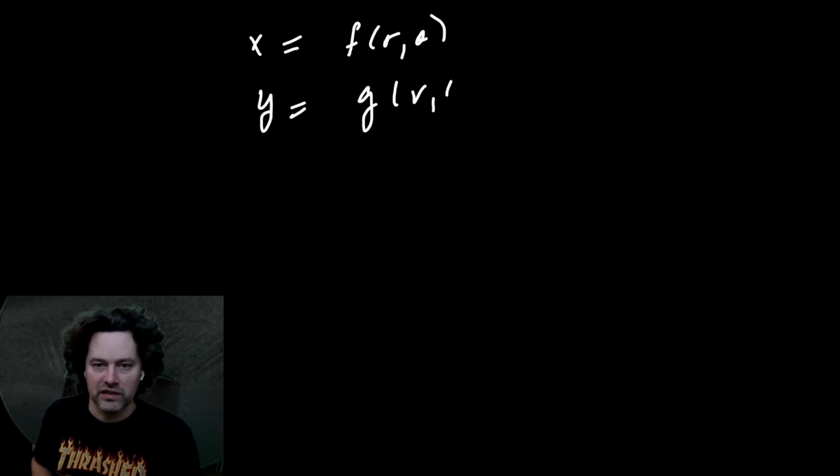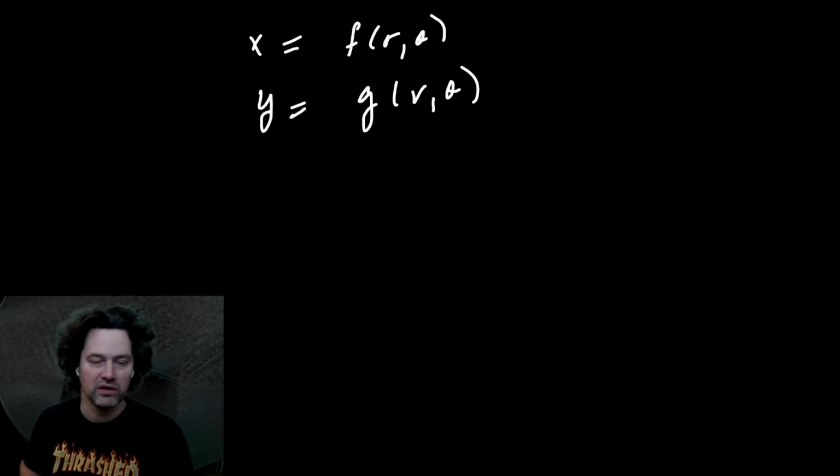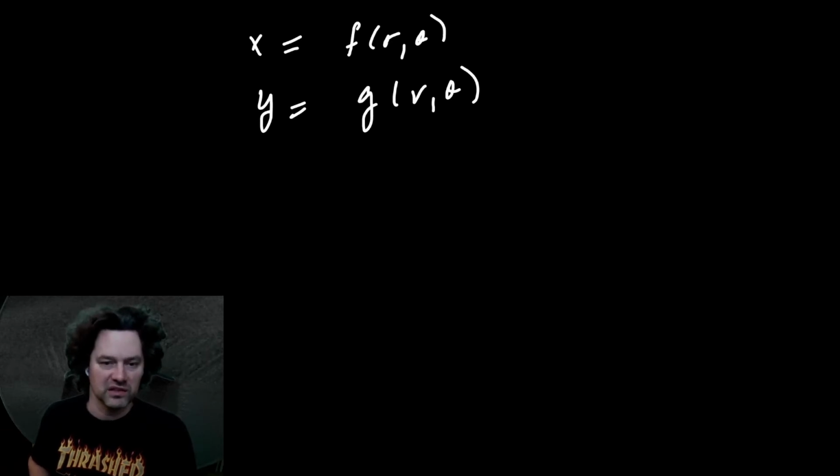We could have considerably more complex parameterizations. Imagine we have x is f of r, theta, y is g of r, theta, and f and g are sort of arbitrary functions and non-separable, unlike the circular parameterization that we had. How do we go about computing the gradients in this case?